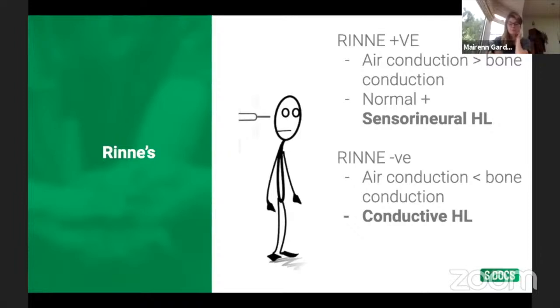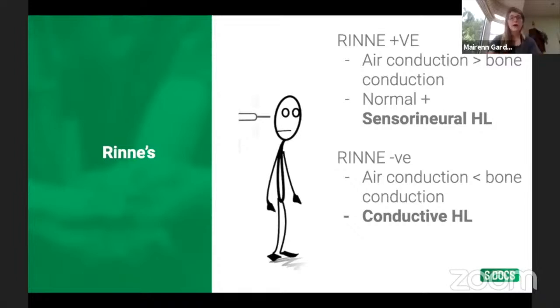You press it firmly on the mastoid process, and this will be testing the bone conduction. If the patient tells you that they can hear the sound, you ask them to tell you when they can no longer hear it. You would then move it to in front of the ear to test air conduction. What's normal is that air conduction should be better than bone conduction.